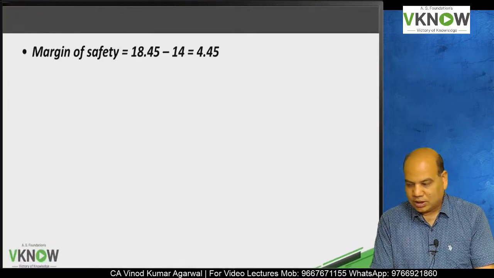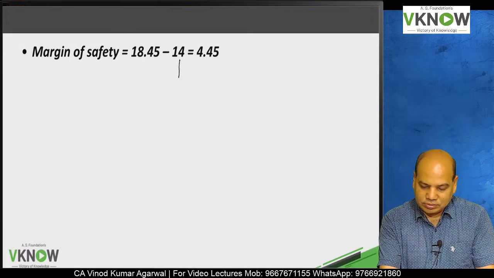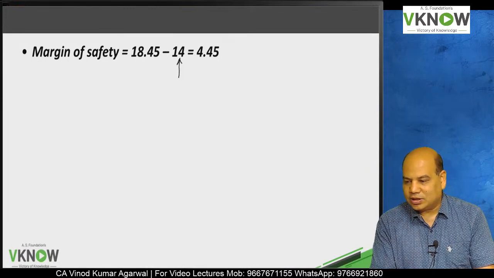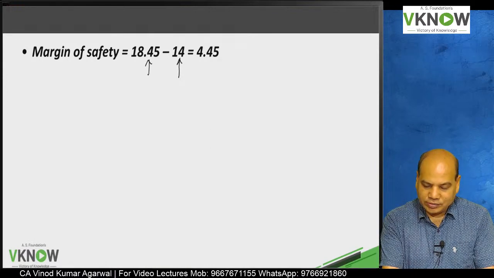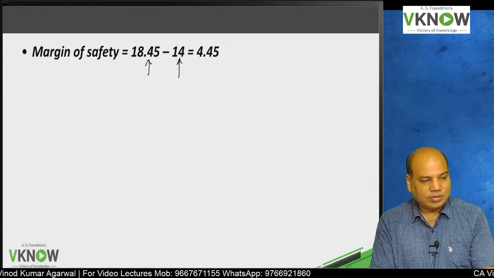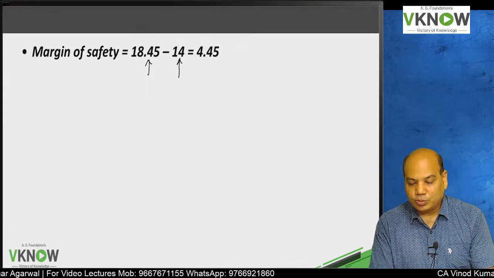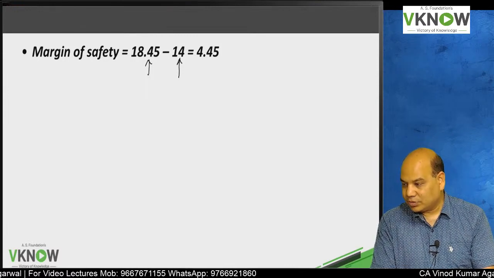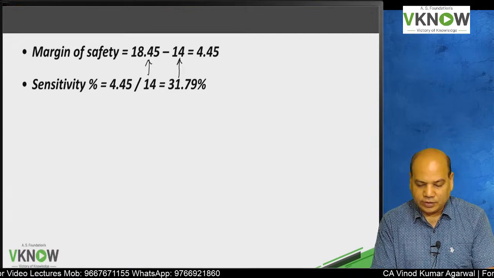Now write down margin of safety. Your original expected discount rate is 14, but the discount rate can rise. To what extent can it rise and still my NPV will not be negative? It can rise up to 18.45%. So my margin of safety is 4.45.